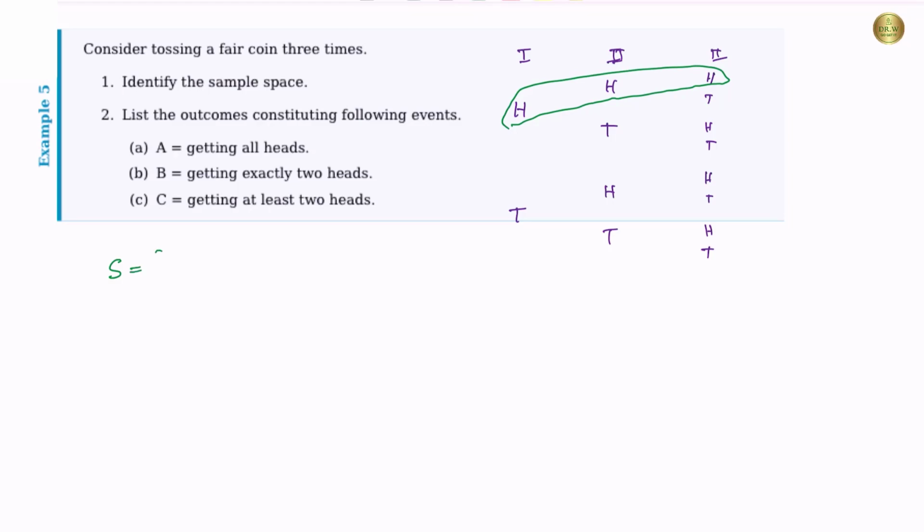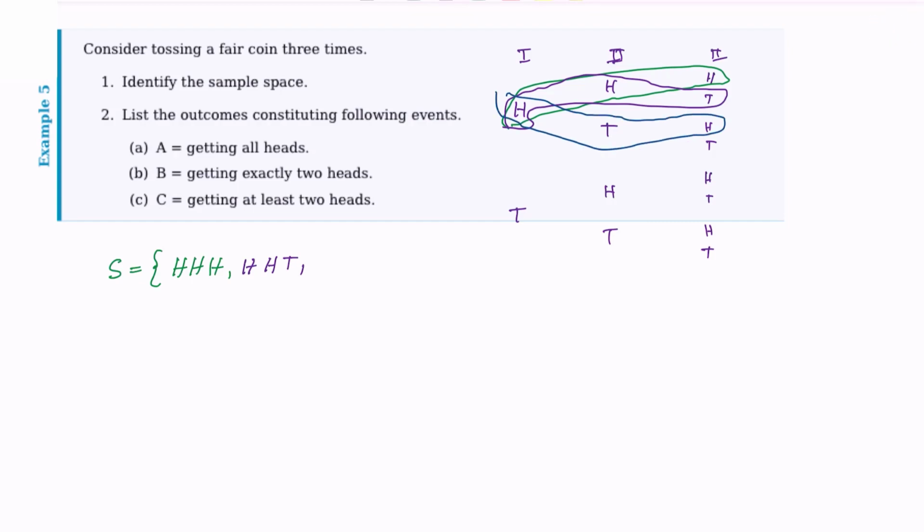The sample space: H, H, H. Next one, first time H, second time H, third time T. Therefore, H, H, T. Next one, first time H, second time T, third time H. So H, T, H. Then next H, T, T. Similarly, we can go with the next ones like this.